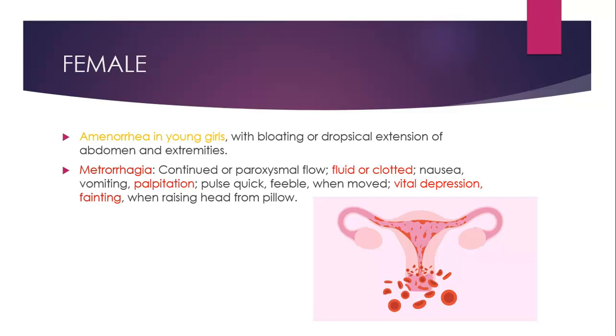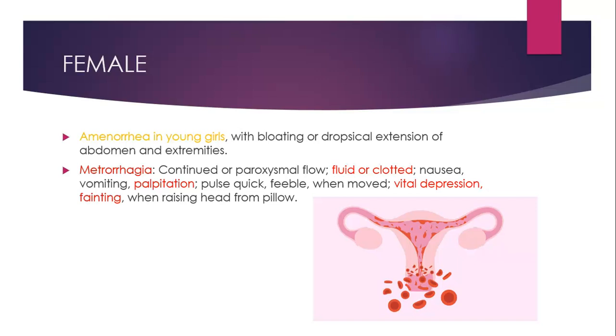In females, you have amenorrhea in young girls with bloating and dropsical extension of abdomen and extremities. So you have amenorrhea, you have missed periods, with dropsical affections, can be of abdomen or extremities. Metrorrhagia, that is your intermenstrual bleeding, continued or paroxysmal flow, fluid or clotted. So it can be a very fluid type of bleeding, or you can expect clots in the bleeding.